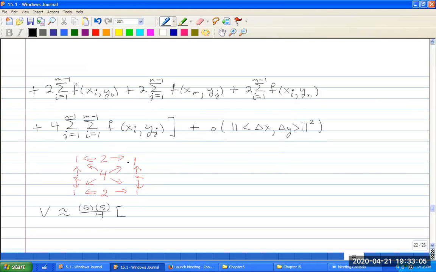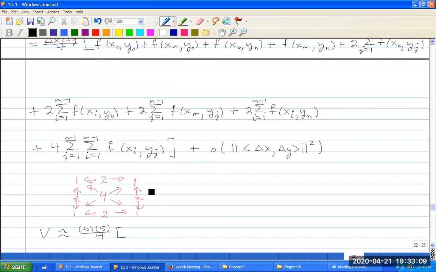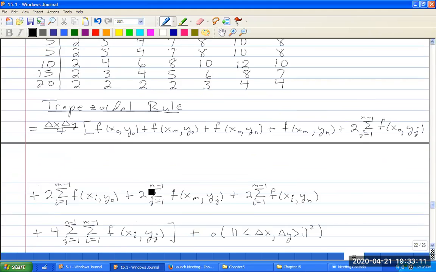Now at the endpoints, we have a 1. So we have 4 endpoints, 1, 2, 3, 4. Let me mark these.